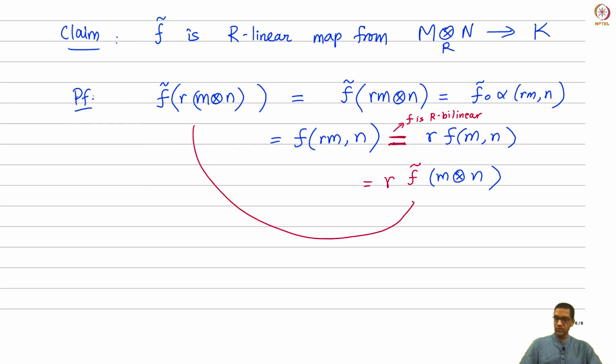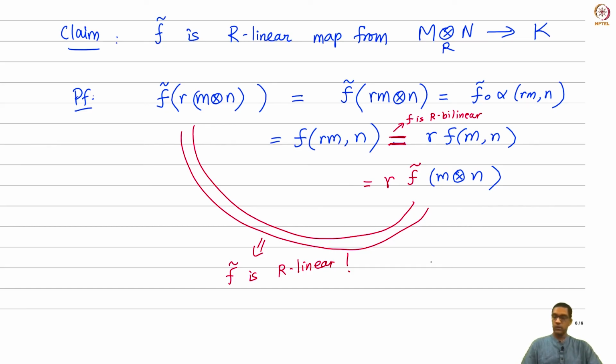Good. So look at this final equation here. This says f tilde of r times something is r times f tilde of that. Okay. So this just tells me that f tilde is not just Z linear, it's actually R linear. Okay. So that's what we set out to prove, that this map is R linear.